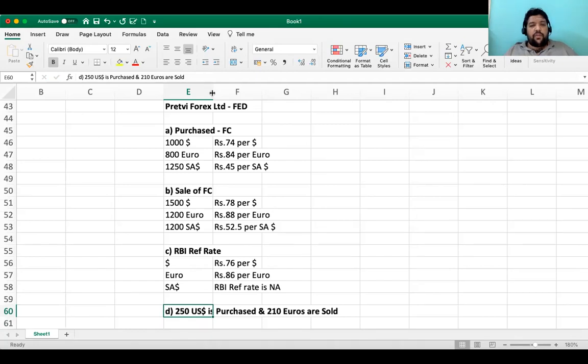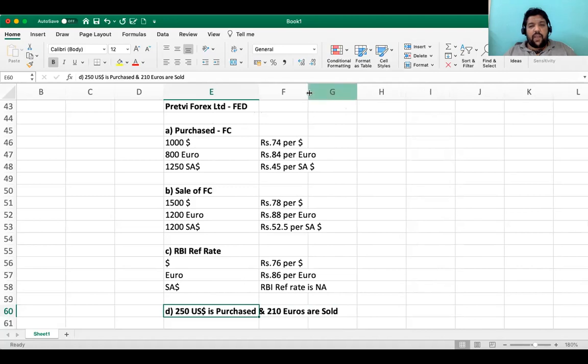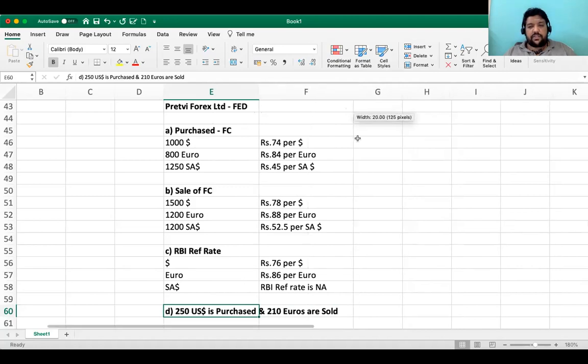I want all of you to determine value of supply for all these transactions.